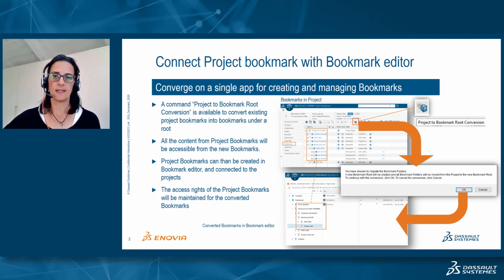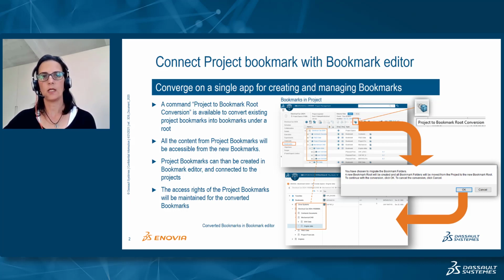And this is done by clicking on this command here named project to bookmark root conversion, available from the project bookmark action bar. And now, after clicking this command, we synchronize the project bookmark with the bookmark editor, and that allows you to navigate project data directly through the bookmark editor.